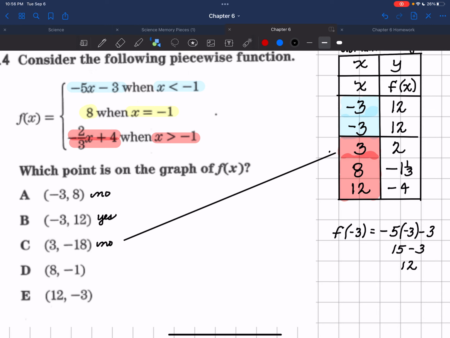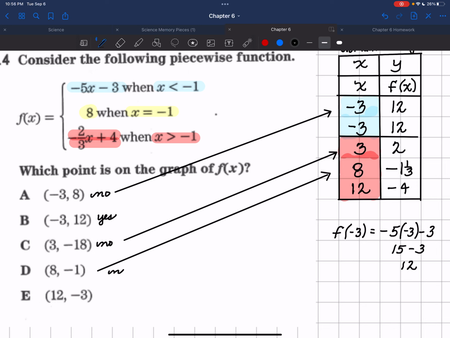That doesn't match that value. This doesn't match that value. Positive 8, negative 1, no, that doesn't match. 12, negative 3, it's close, but not quite. The only one that matches is B.